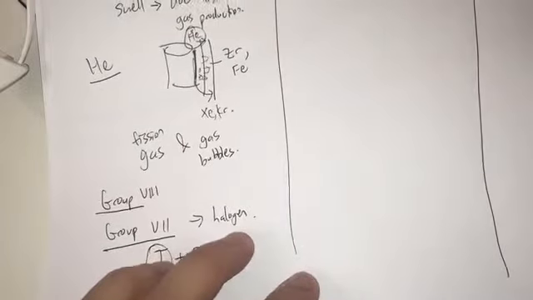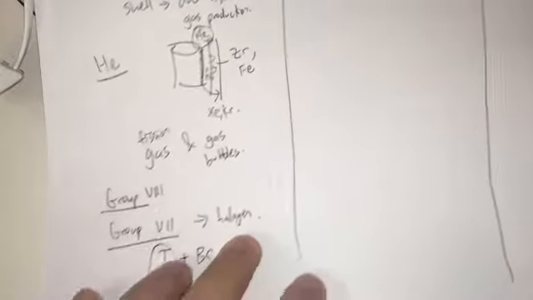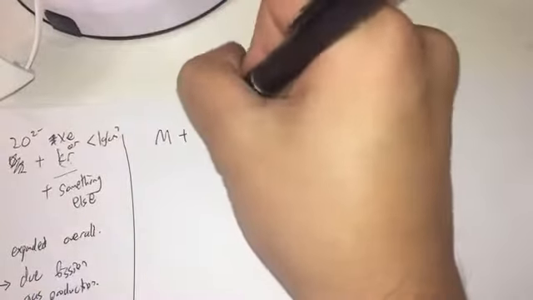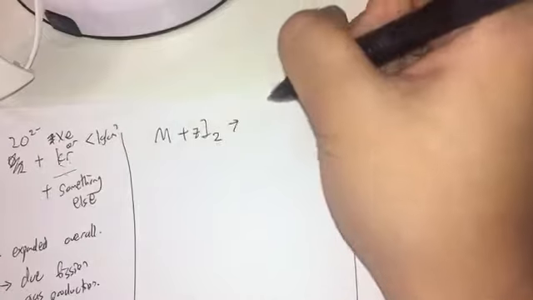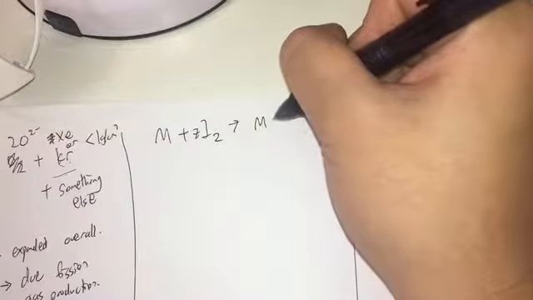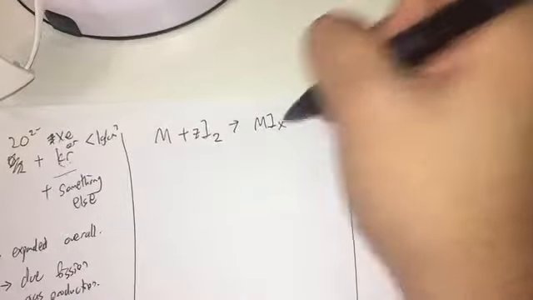So iodine is very interesting because it can react reversibly with metals at this temperature. So let's say you have a metal plus iodine. The metal and iodine will combine.